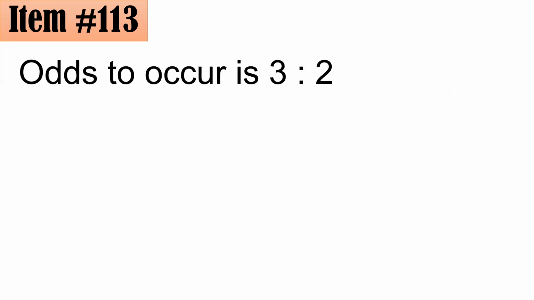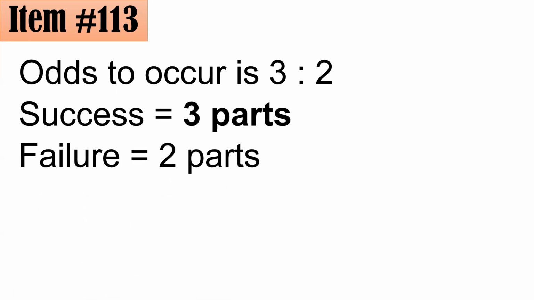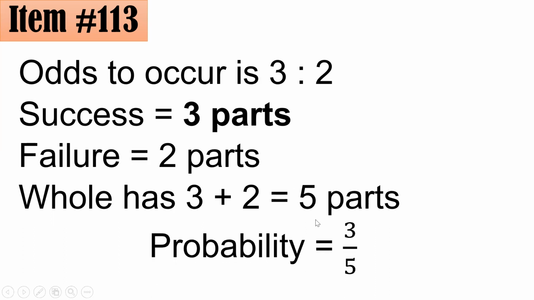Actually, if the odds to occur is 3-2, take note, to occur, 3 is the success, and 2 is the failure. Meaning, success is 3 parts and 2 parts would represent failure. And since 3:2, 3 plus 2 tells us there are 5 parts all in all. And for the probability that it will happen, success is 3 out of the whole, so you get the probability, which is 3/5. Letter B.